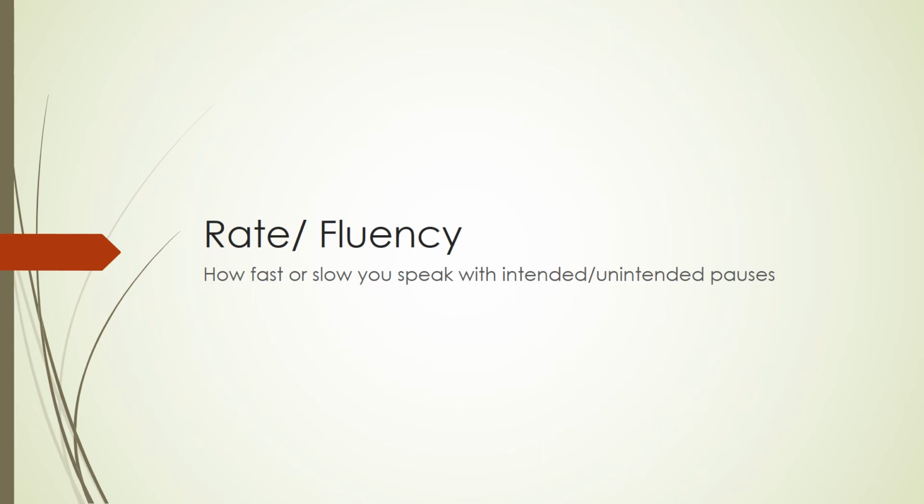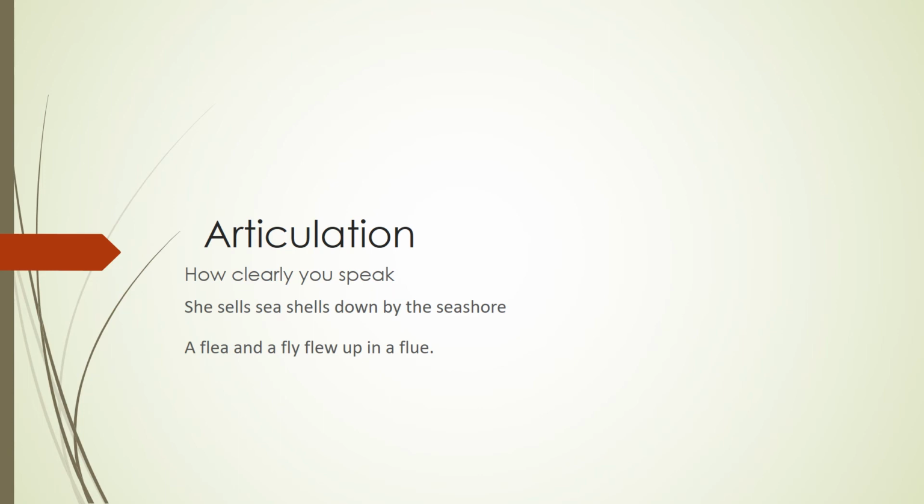Now, the next is articulation. Articulation is speaking clearly. It's how clearly you speak. Suppose you hear somebody who says "wanna" rather than "want to," or says "gonna" rather than "going to." To me, it indicates that that person comes across as lazy.